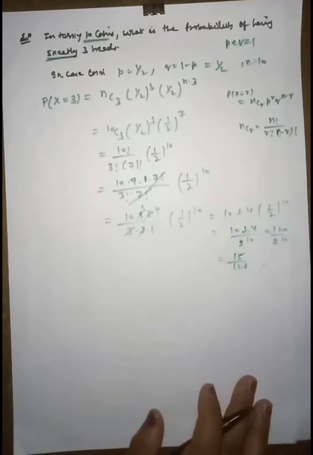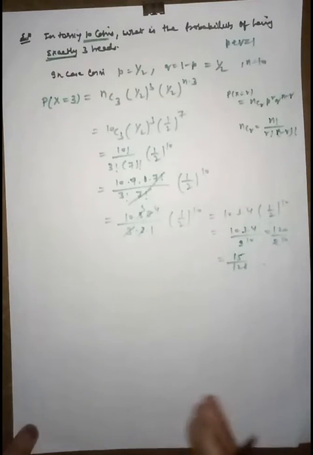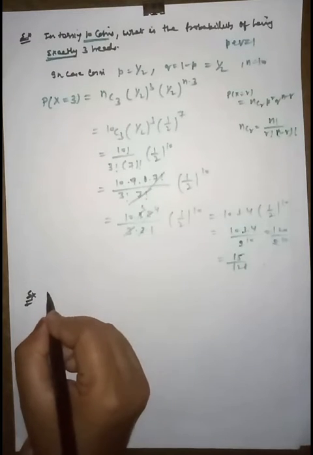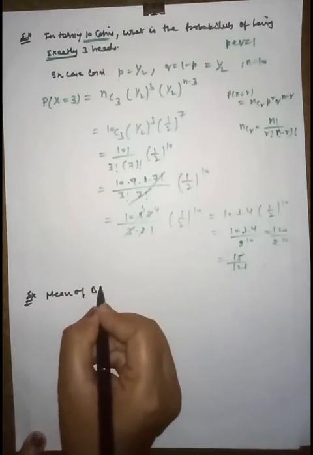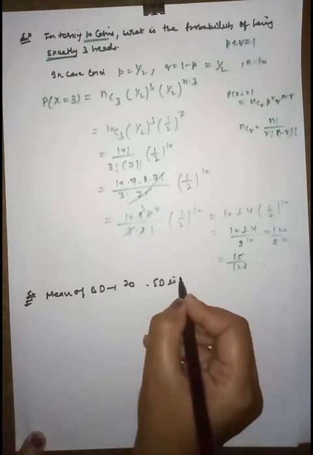Now take another example. Now take the second example: the given mean of a binomial distribution is 20 and the standard deviation is 4.